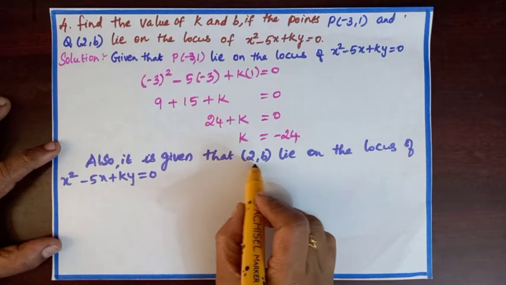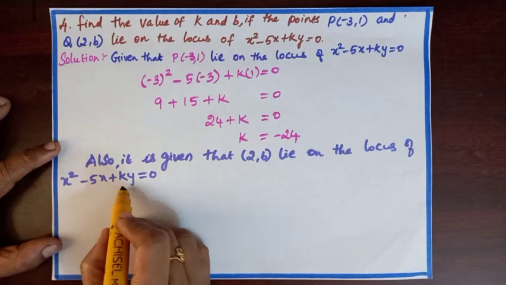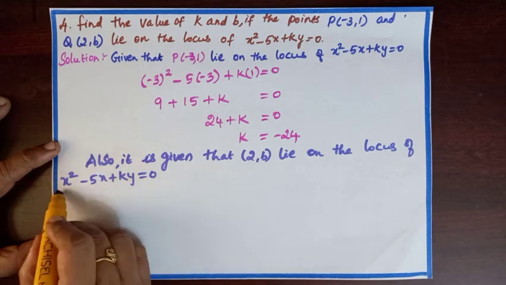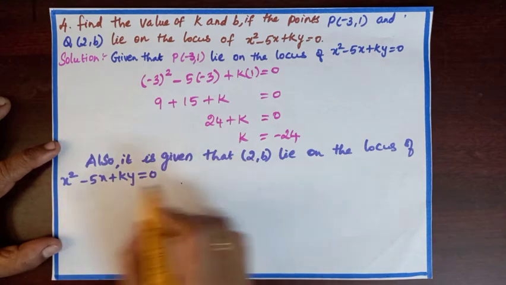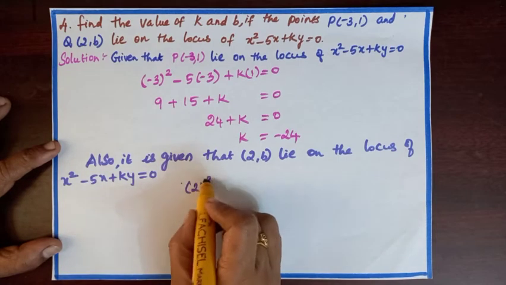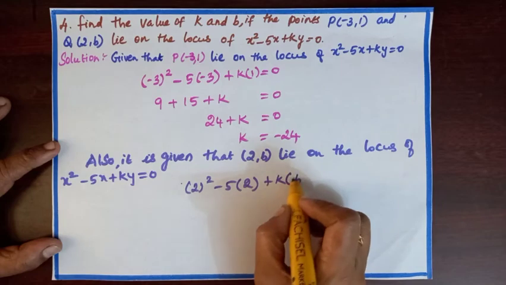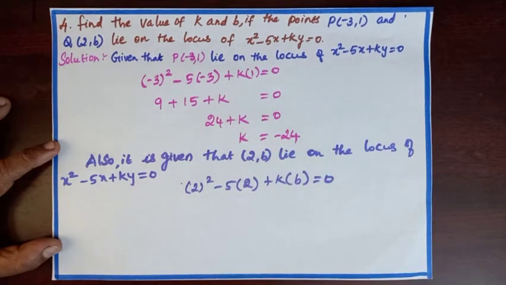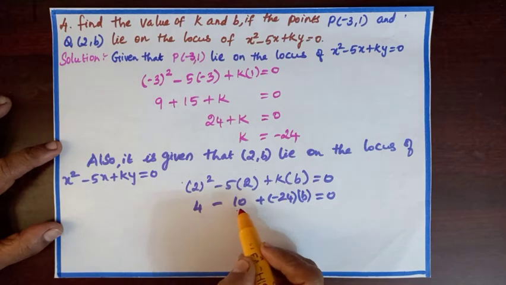Also it is given that (2, b) lies on the locus of x square minus 5x plus ky equal to 0. Replace x by 2, y by b. Then we get 2 square minus 5 into 2 plus k into b which is equal to 0. 2 square is 4 minus 5 into 2 is 10 plus k.